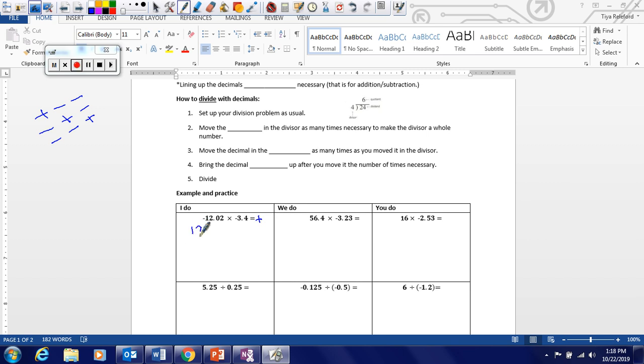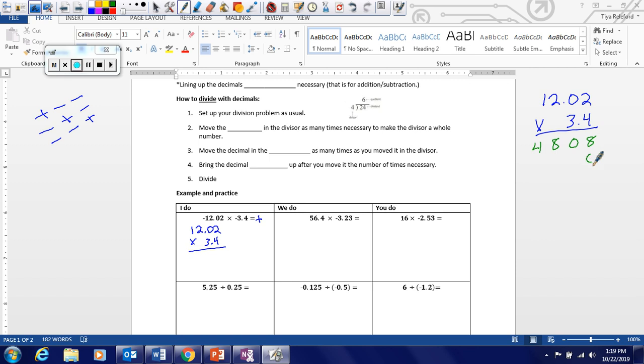We're going to write these numbers like there is no decimal. I'm actually going to do it over here, just because I worry about room. 4 times 2 is 8, 4 times 0 is 0, 4 times 2 is 8, and 4 times 1 is 4.